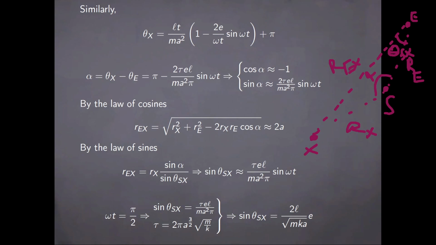And then by the law of sines, in this diagram we can obtain the sine of theta_SX, so the angle measured between the position of the Sun and planet X, as being approximately equal to the quantity here.